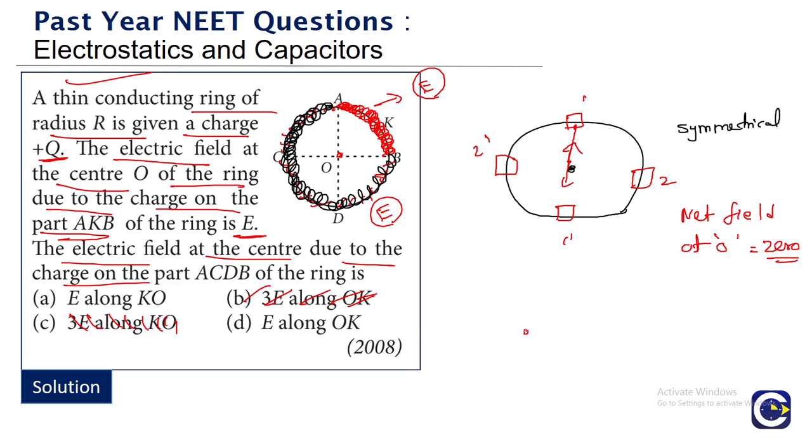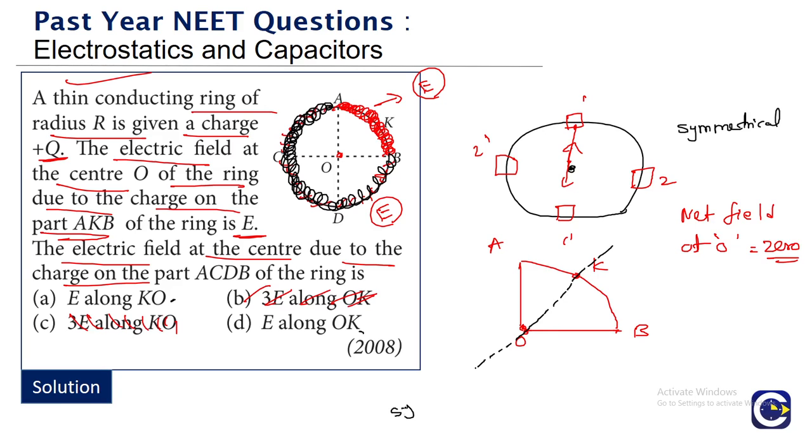Now comes the question of the direction. So let us look first at the AKB part. Now draw the line connecting O and K. We'll see what the significance of this is, because in both these options you are seeing O and K. Draw the line.